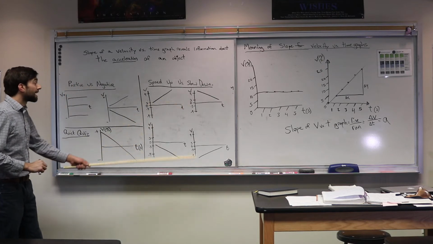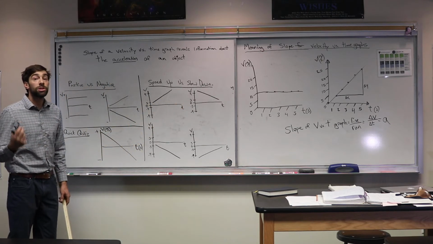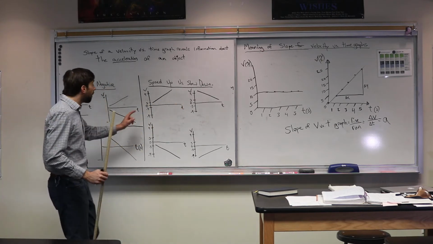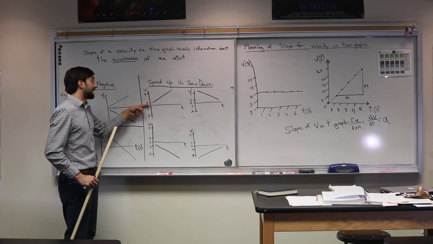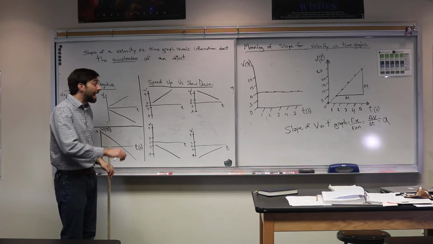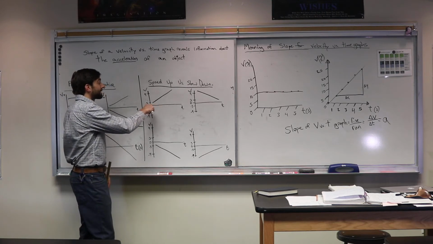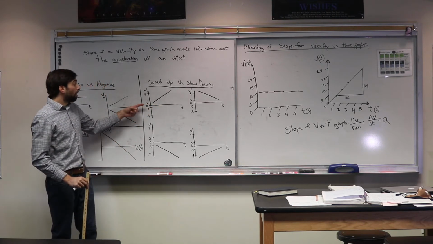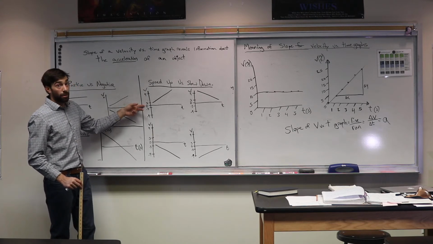But for these, how do we know if it's speeding up or slowing down? Well, we know that our x-axis represents the 0 y-axis. So anytime we're right on this line, we know our velocity is 0.